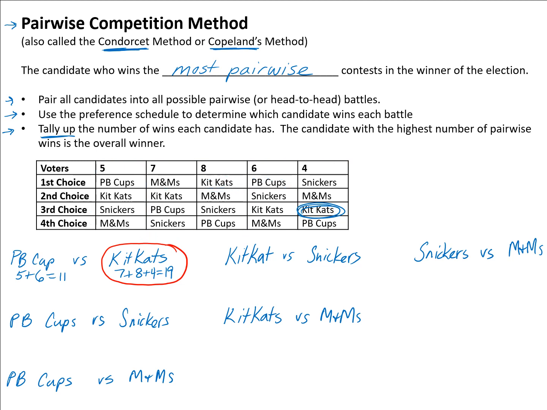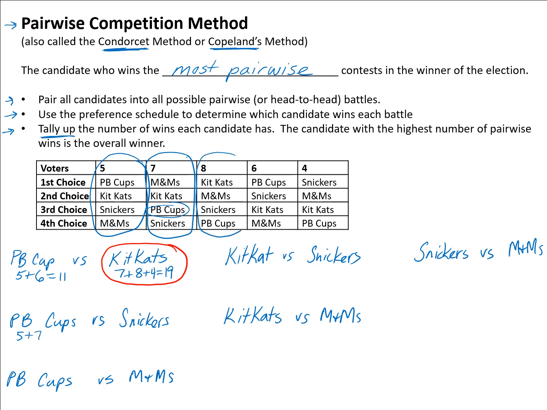All right, so now we move on to the next battle. And we do the same thing. We look at each column. Whoever's higher in that column is the winner of the head-to-head battle. Peanut Butter Cups is on top in the first column of 5 votes. In the second column of 7 votes, Snickers is at the bottom. Peanut Butter Cups is above Snickers, so 7 votes go to Peanut Butter Cups.